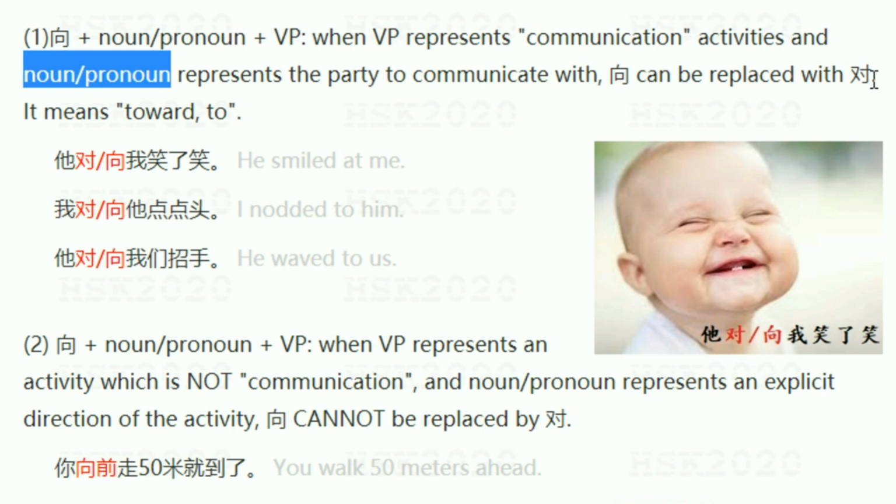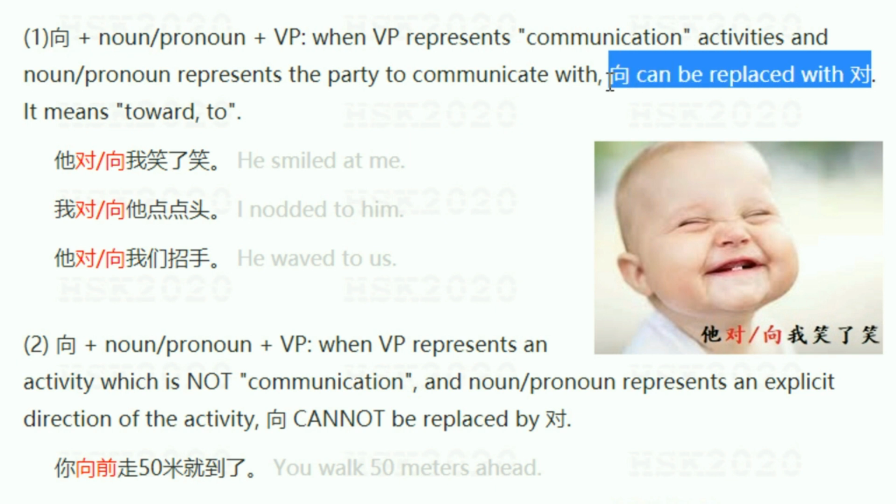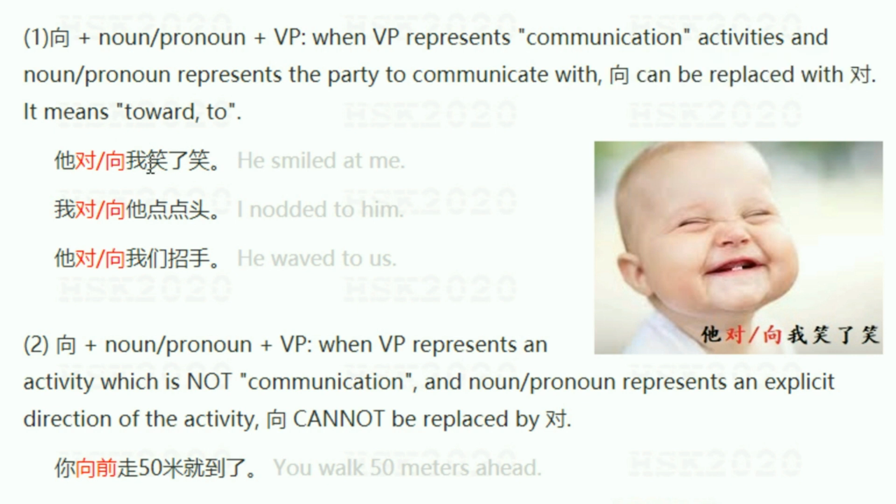In this case, 向 and 对 are similar. For example, 他对我笑了笑. You can see 笑了笑 is an activity of communication, and 我 is the party to be communicated with. 他向我笑了笑. He smiled at me.